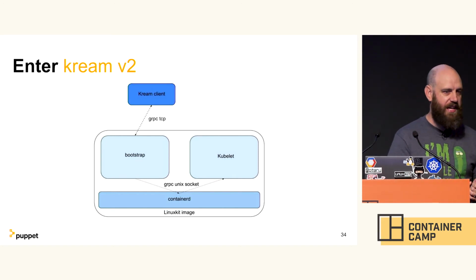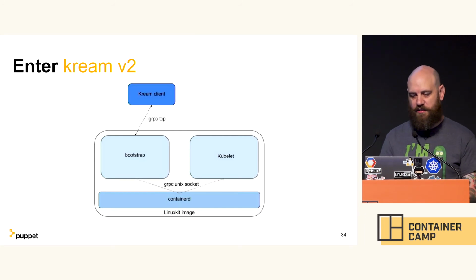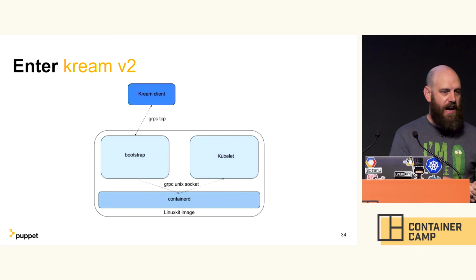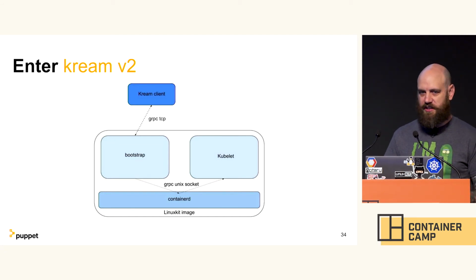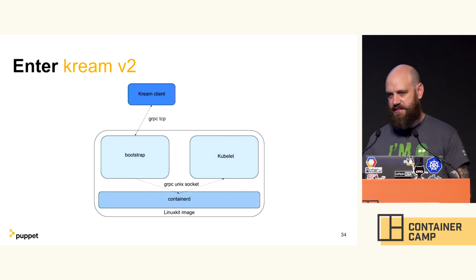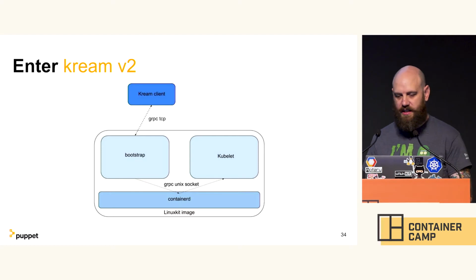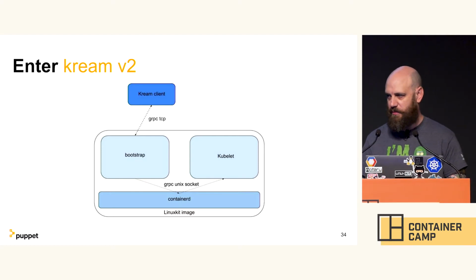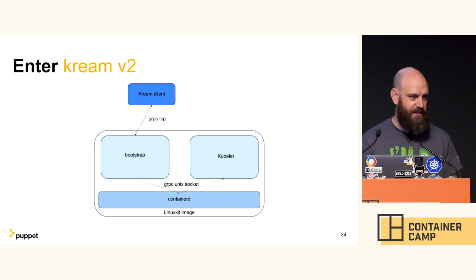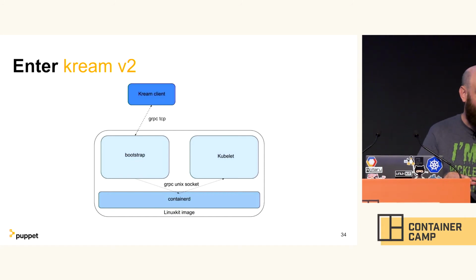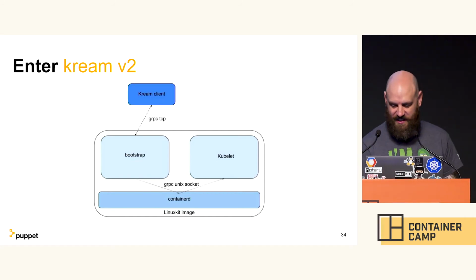It talks to containerd through gRPC, and over a Unix socket it talks to kubelet and starts configuring the Kubernetes cluster. That allows us to check things like etcd consensus is up before the other nodes are up, make sure all the certificates are there, and all the Kubernetes services are starting. This is working at the moment, and we're getting close to where we want to be. This is awesome.